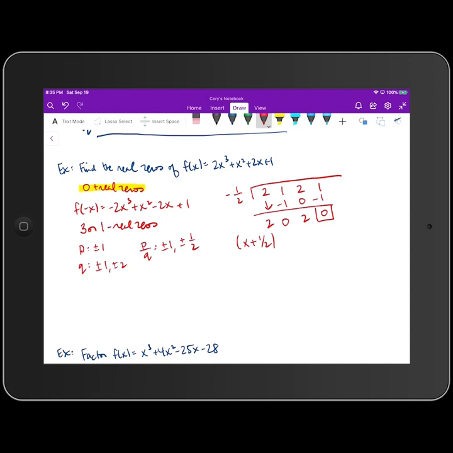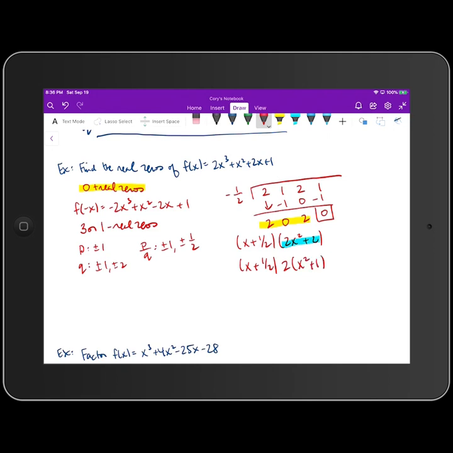And when we factor that out, this right here gives us the coefficients of our remaining polynomial, which is going to be 2x squared plus 2, which doesn't quite look like the factored form that we had factoring by grouping, but I'm going to do a little bit of algebra to this real quick. When I look at this second polynomial, it has a factor of 2 that I'm going to pull out front.